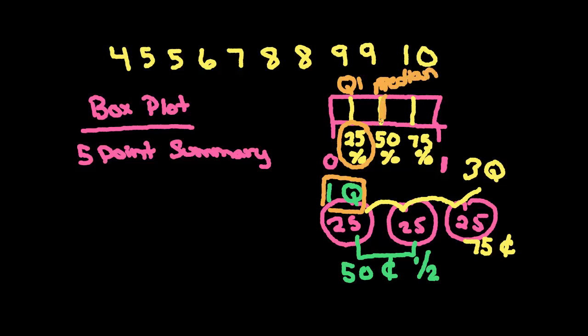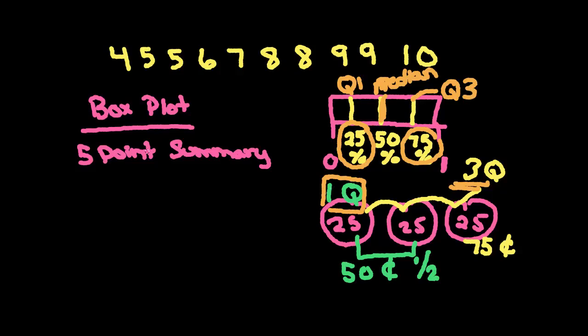So that spot at the 50th percentile mark is the median. And then our third quarter, when we have 3 quarters, is 75%, and because it's the third quarter, we call that Q3.